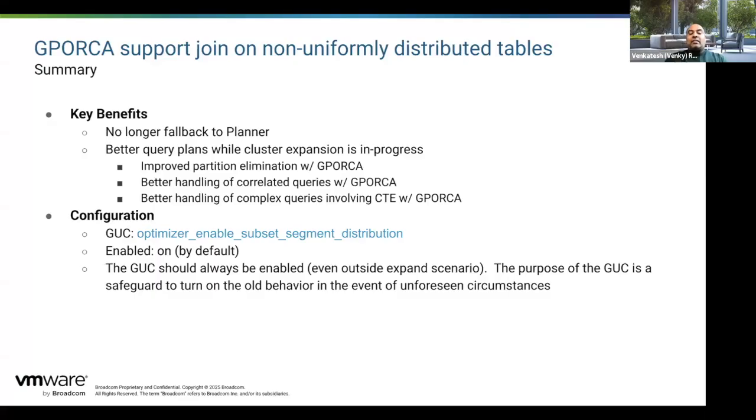So it's already on by default, where you just say optimizer enable subset segment distribution. That means data is distributed on only a subset of segments. And so then you can have the expansion with less worry of plan degradation.